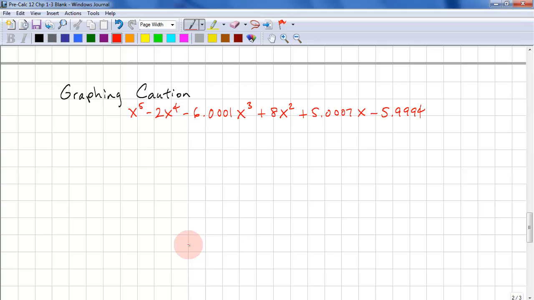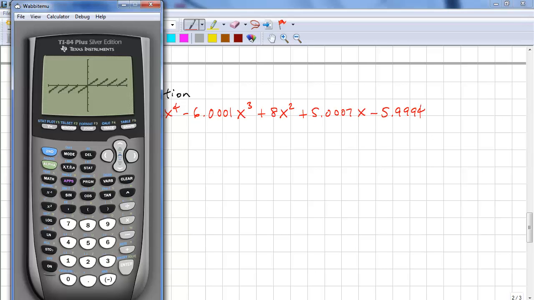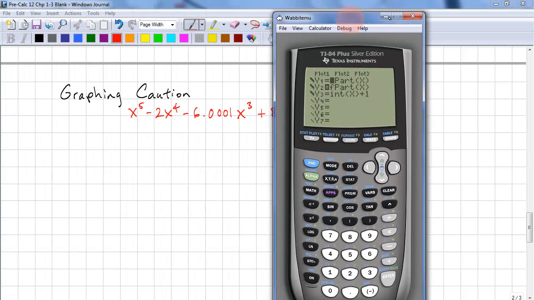Okay, you need to be careful when graphing. You won't get functions like this in this course, but in the future you might run across it. So that's why I'm bringing it up. First of all, this is not a polynomial function because these are decimal values. Polynomial functions have to have integer coefficients. So let's bring up the calculator and enter this function.